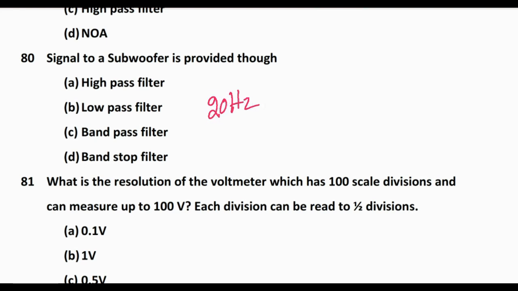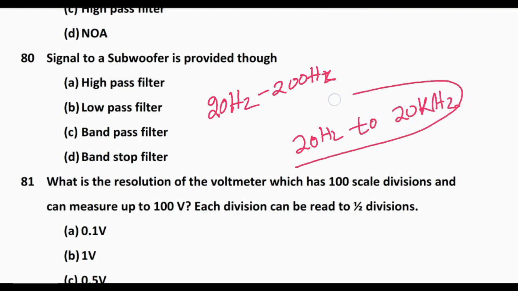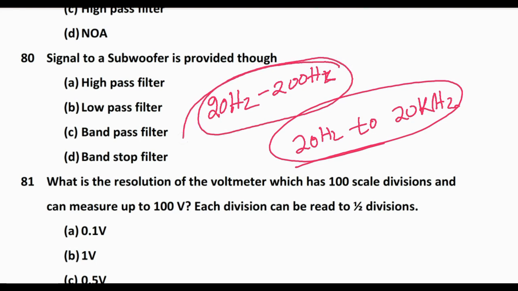The circuit before that subwoofer filters the song or any audio signal in between 20 to 200 hertz, and our audible sound range is generally 20 hertz to 20 kilohertz. So subwoofer only takes 20 hertz to 200 hertz.